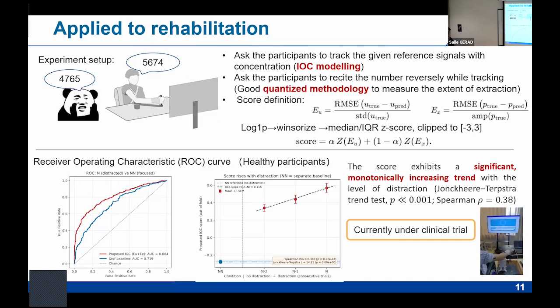Basically, you are supposing that the patient's tracking trajectory should lie close to the reference trajectory, so you can use that also as an indicator of distraction. You can see that the red line is always above the blue line.